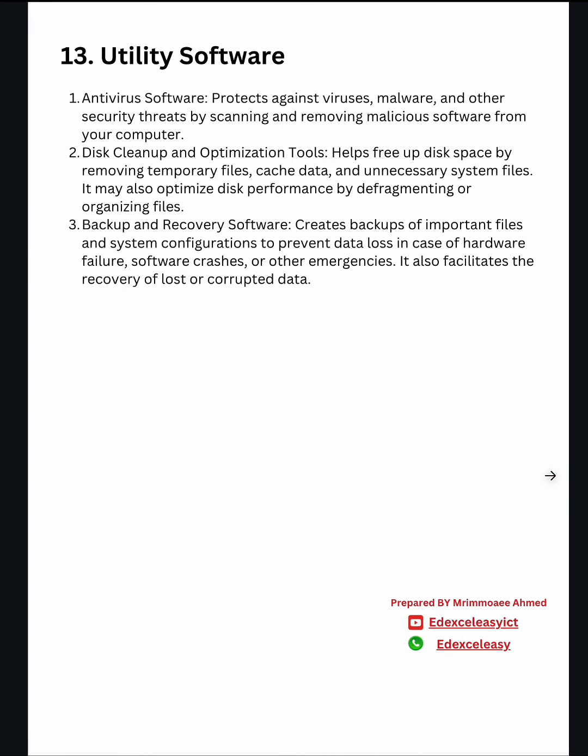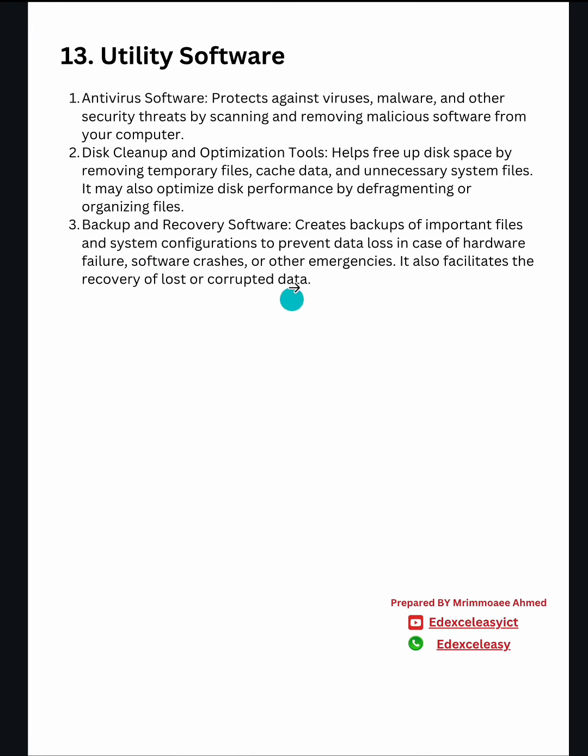Now question number 13 is utility software. Utility software is also a part of system software. Just remember these things, okay? One example of utility software is antivirus software that I already mentioned, like Kaspersky, which you can buy from the market, that protects you against viruses, malware and other security threats, right? Then there is disk cleanup and optimization tools, which help you to defragment your files, and if you have duplicate files multiple times, you try to clean them, something like that.